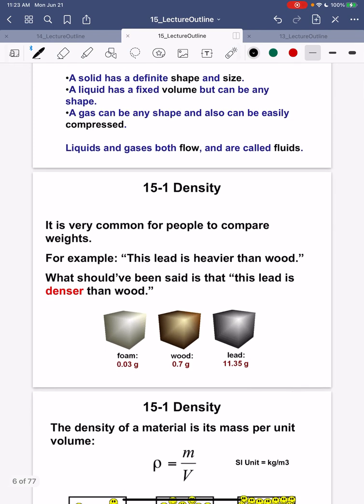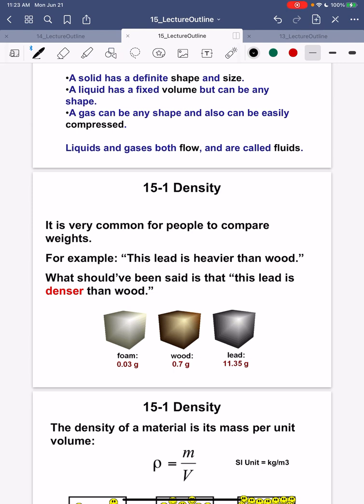Sometimes we say that lead is heavier than wood, and I believe this is not correct. It depends on the volume. If we have different masses, we have different volumes. What is really different between lead and wood is the density.